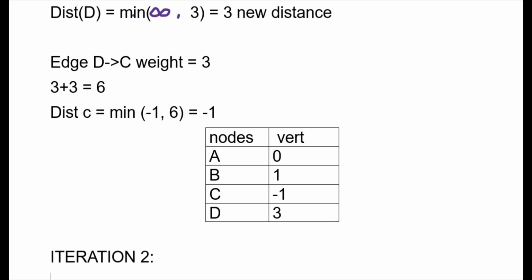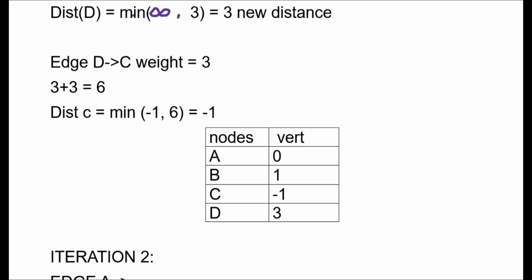The edge A to B. The distance is equal to 1. So 0 plus 1 is equal to 1.